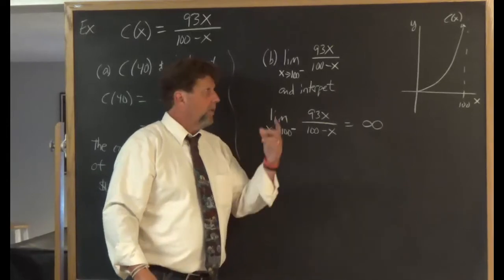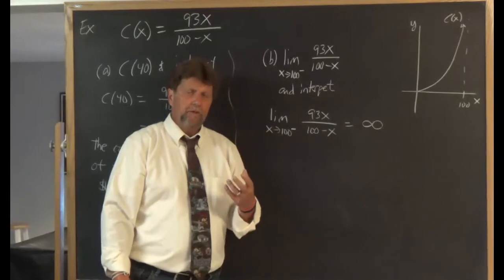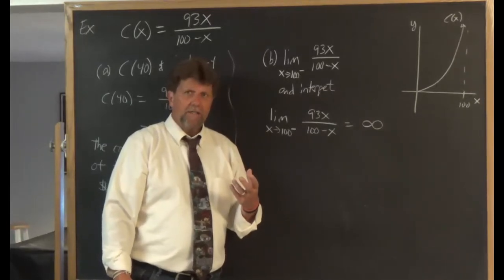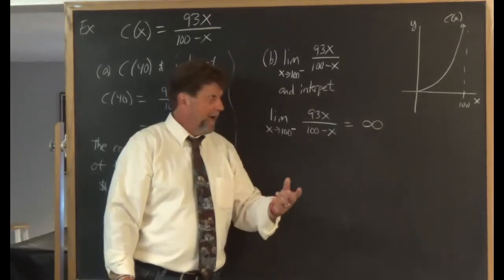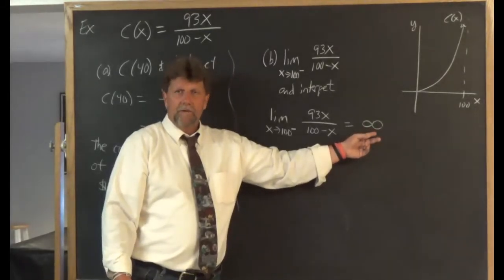What does this mean? Well, the 100 means we're trying to remove 100% of the pollutants. How much does it cost? Well, the cost is increasing without bound. Bill Gates doesn't have enough money to do this.